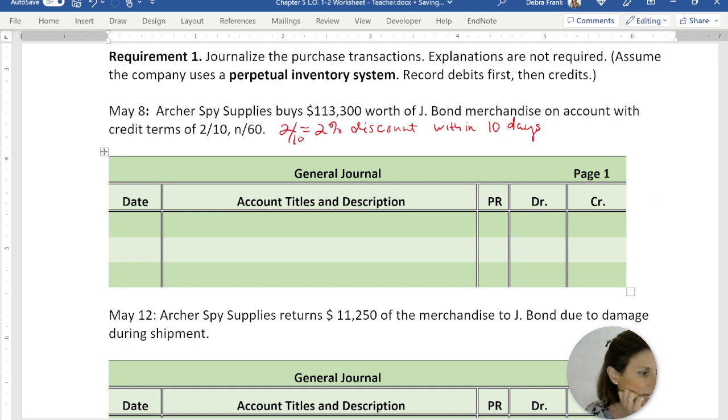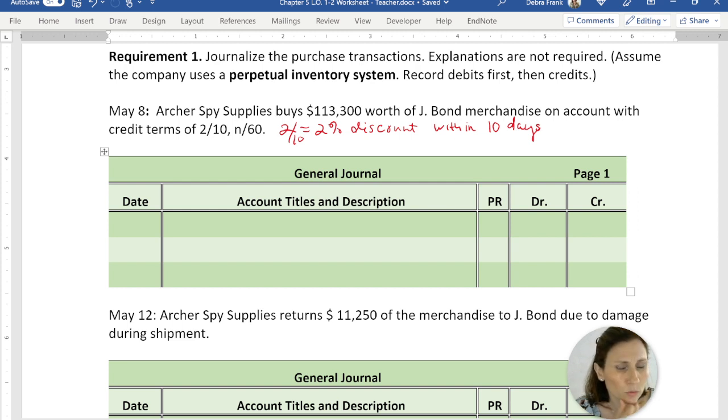All right, not too bad. So if we saw 3/15, it means 3% discount within 15 days, or 1/20, 1% discount if paid within 20 days. So that's the incentive to pay early. In this case, if you can pay within 10 days, you get a 2% discount. Sounds like a little bit of a discount, but when you're buying tons and tons of merchandise, it can add up. So it's a good incentive for some companies to take a discount on the amount that they owe.